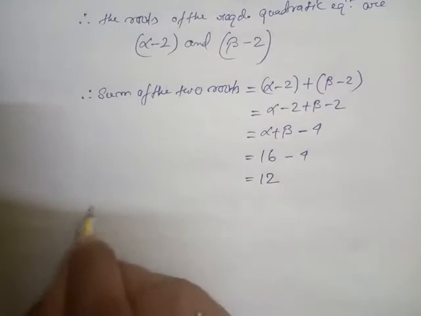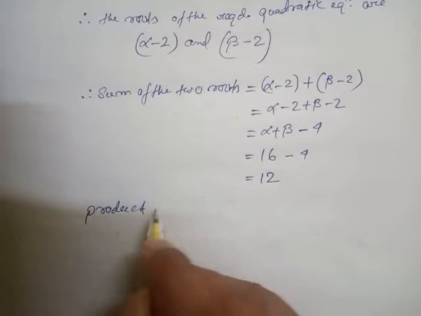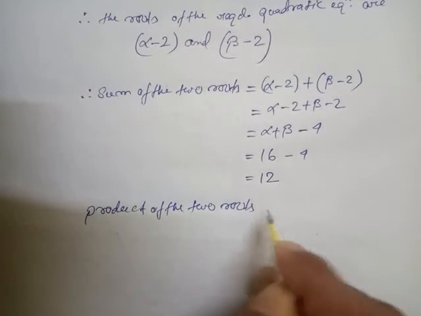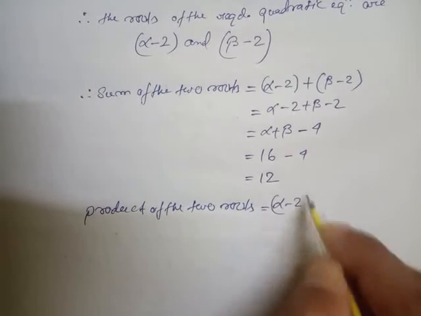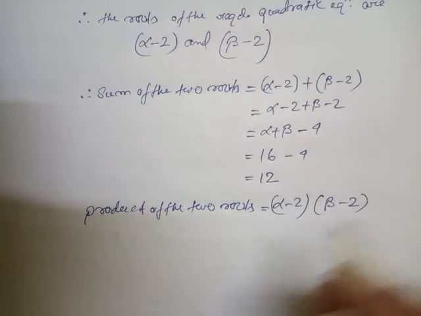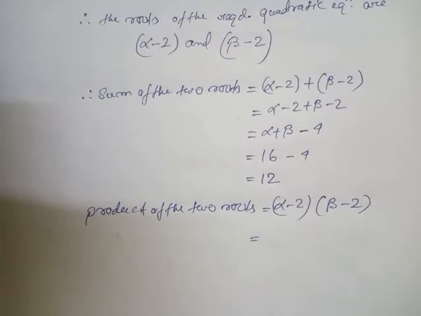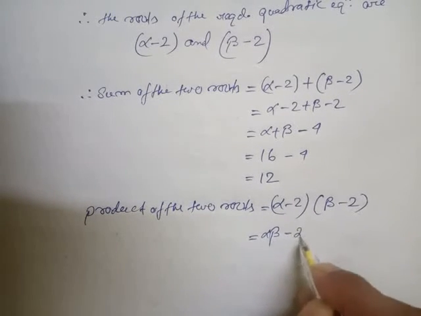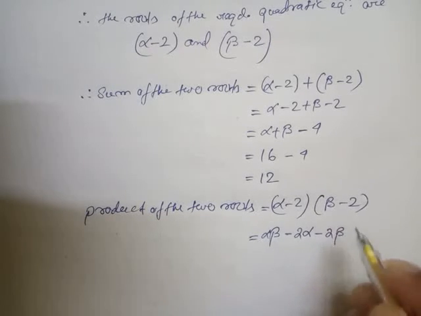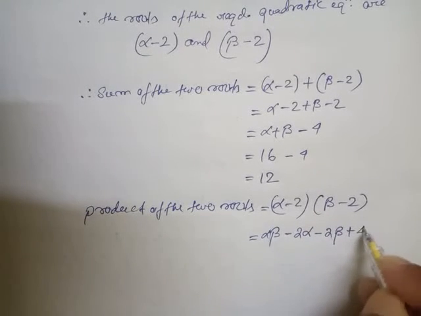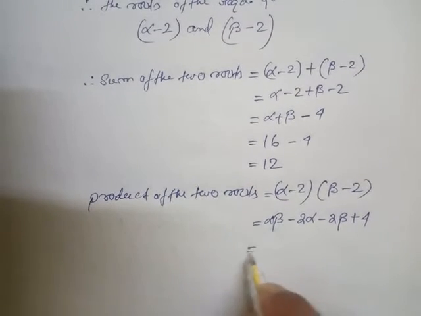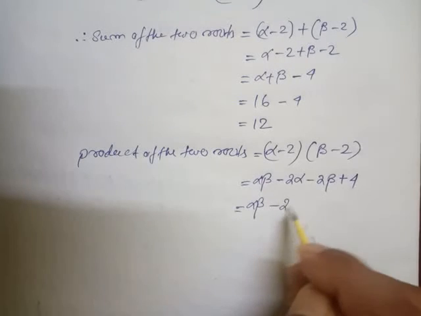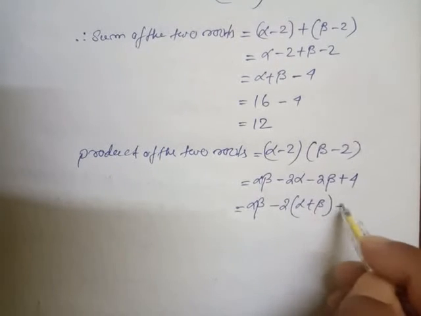Next, student, the product of the two new roots is alpha minus 2 into beta minus 2. Now go for the multiplication: alpha into beta is alpha beta, then minus 2 alpha, minus 2 beta, minus minus plus 2 into 2 is 4. After that, alpha beta, then minus 2 common, alpha plus beta, plus 4.